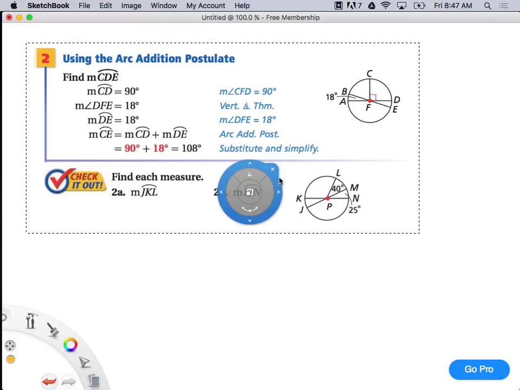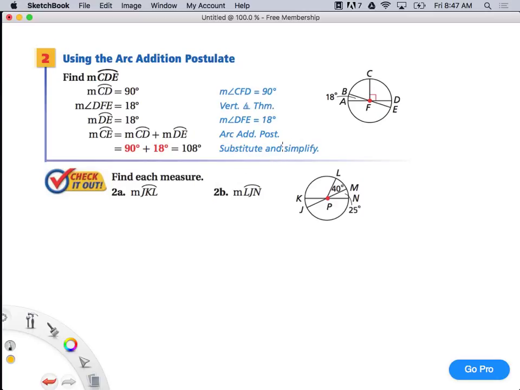Okay, so it says, find the measure of JKL. Well, let's take a look at this. The first one, JKL. Here's J, here's K, and here's L. So I have to find the measure of all of these. Well, look, this one here is 25 degrees. So what does that mean about this one?